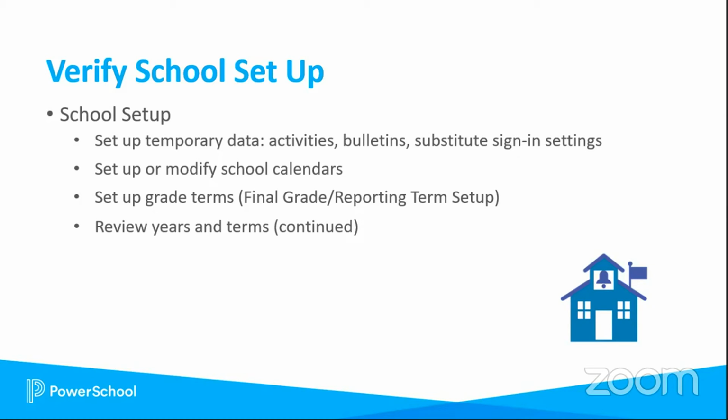If it's less than that, more than that, you know that school has a calendar issue. So that screen is a very good screen to use to verify all of the school setup information, your school calendars, your years and terms, and your grading terms.